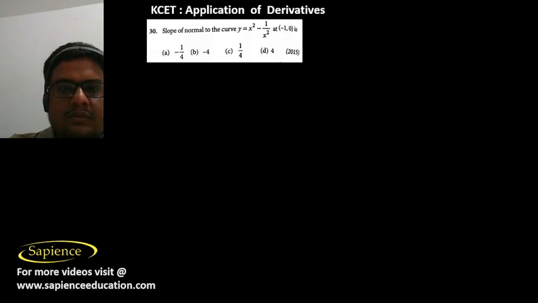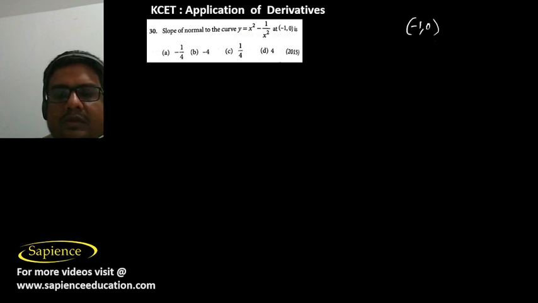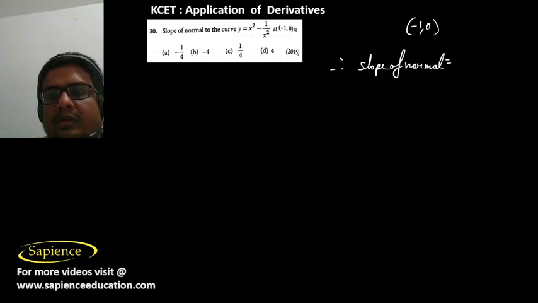Question number 30. It is told the slope of the normal to this curve at minus 1 comma 0. So therefore the slope of the normal is equal to minus 1 by the slope of the tangent at that point.